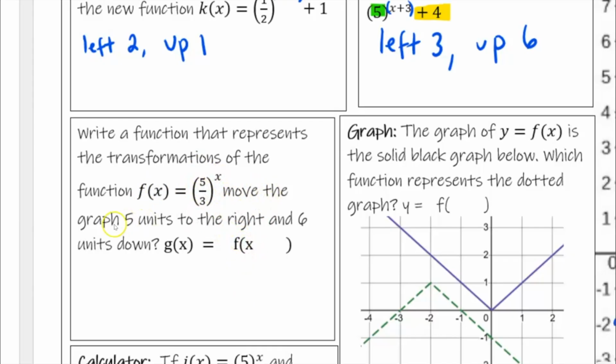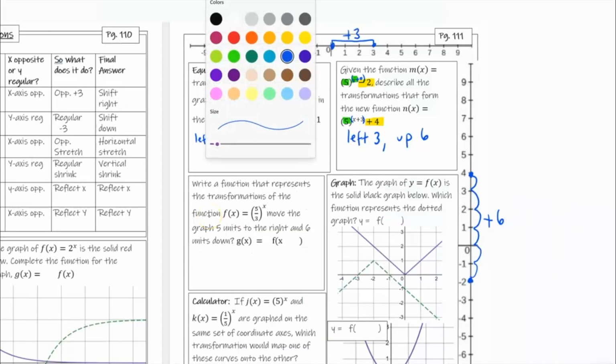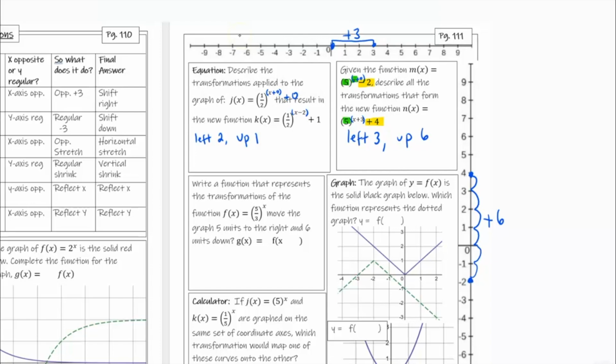All right, so we want to move the graph 5 units to the right. If we were on our x-axis, and again, use a pencil so that you can delete, you would notice that there's nothing here, right? So we would want to start at 0, and then go 5 to the right. 1, 2, 3, 4, 5. So we should end up 5 to the right.